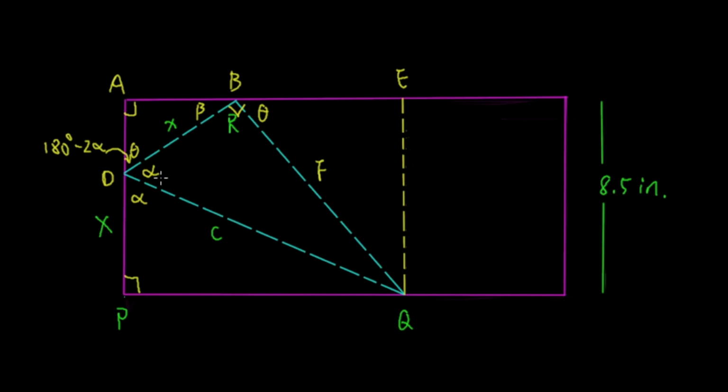Now you can see that if this is 90 degrees, which is here, 90 degrees here too. And then this is theta, then if this is beta, and this is also beta, right? So triangle ABD and triangle BEQ are similar triangles. Okay, that's good now.